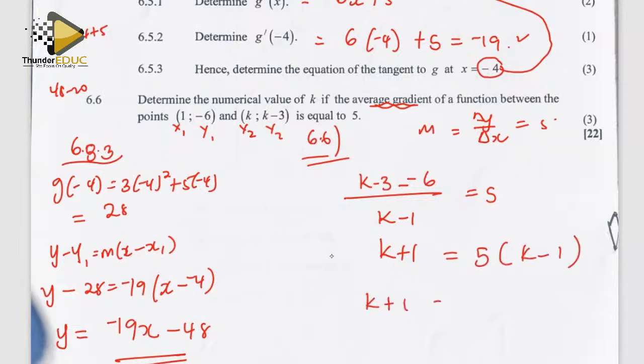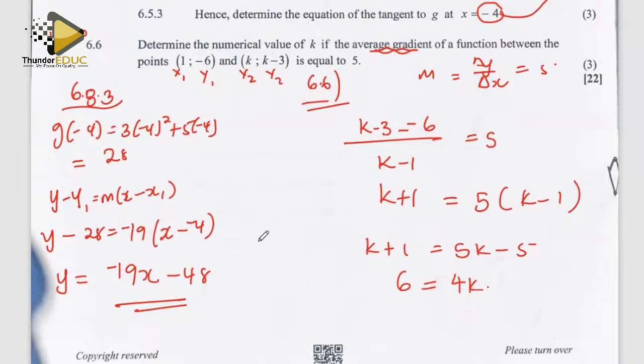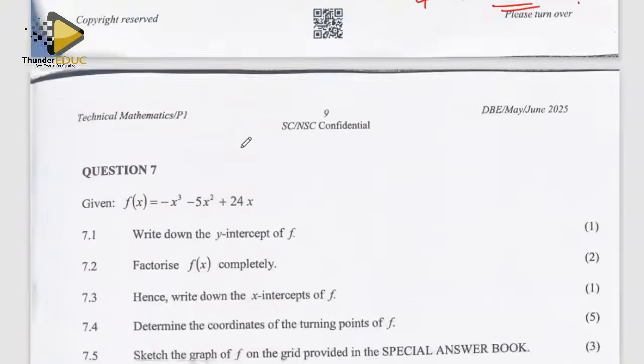So k plus 3 is equal to 5k minus 5. Let's collect the like terms. Why am I getting a 1 here? It's supposed to be a plus 3. So this becomes 8, meaning that k is 2. All right, so that is question number 6.